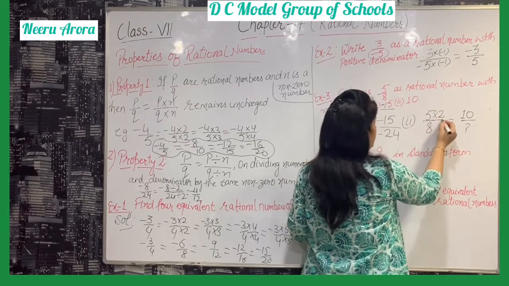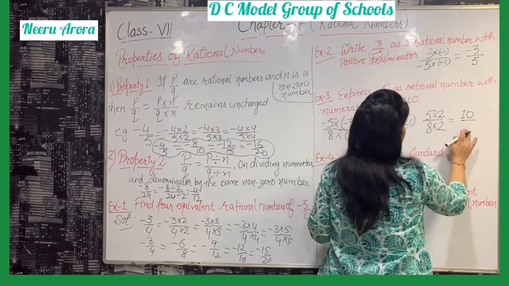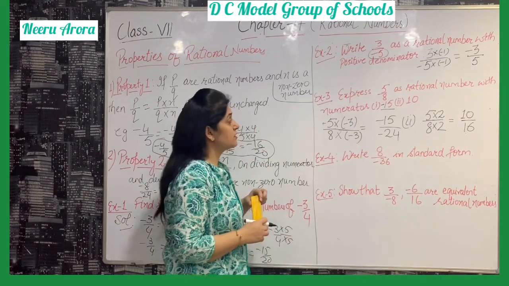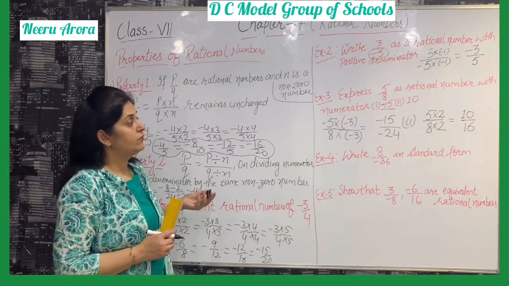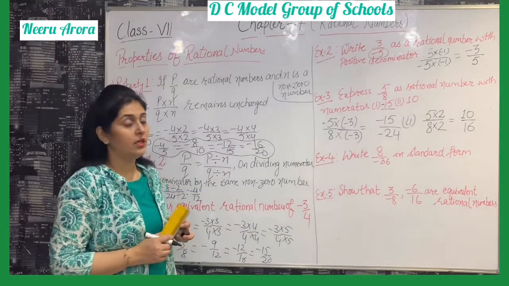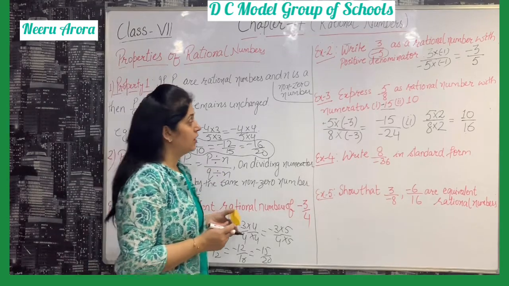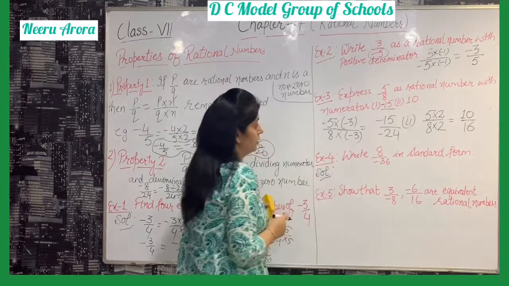What does our property say? We multiply the denominator by the same non-zero number also. So in the denominator we get 16. This is the way in which we have expressed a rational number with numerator minus 15 and, next, numerator 10.